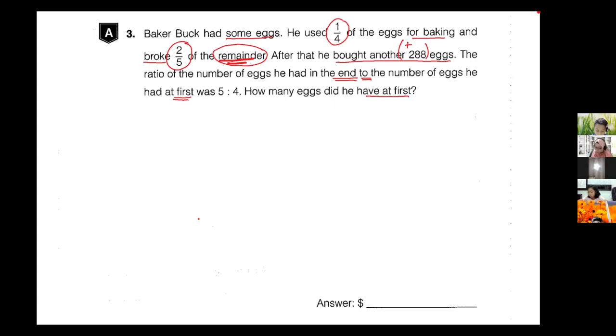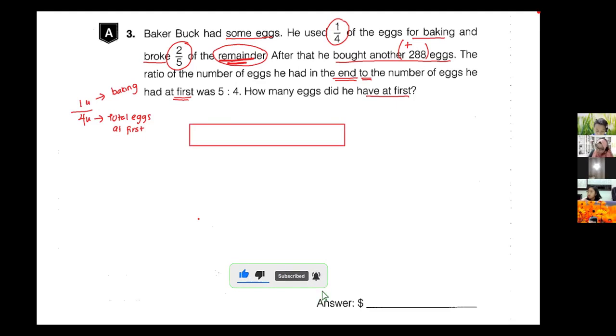Okay, so I'm going to draw my model first. My model will be of 4 parts because of the first fraction that was given, 1/4. This is my total eggs at first. This is what he used for baking.